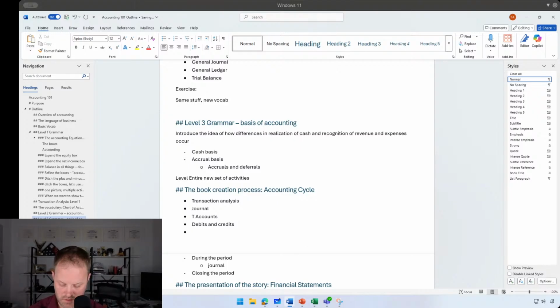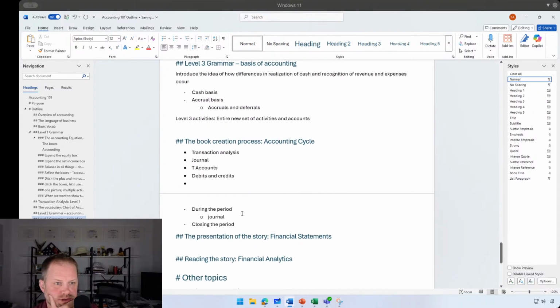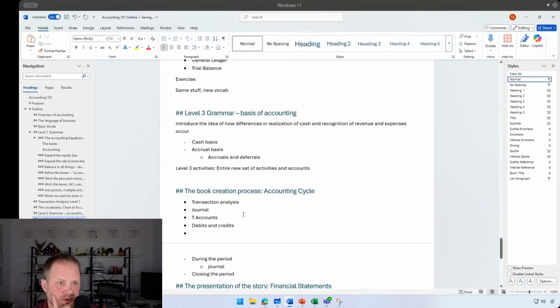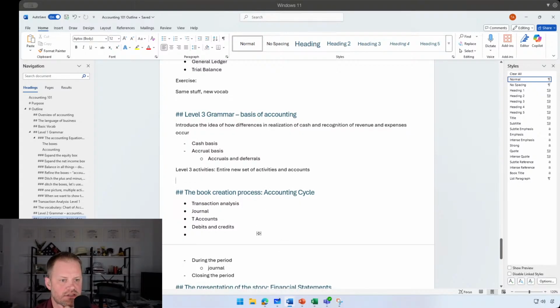Level 3 activities. So then we'll have a whole set of new activities and accounts. So once someone knows level 3 grammar, then they can pretty much handle all the basic transaction analysis.